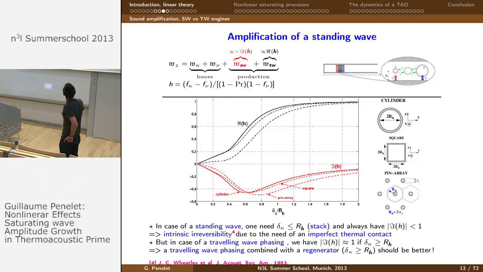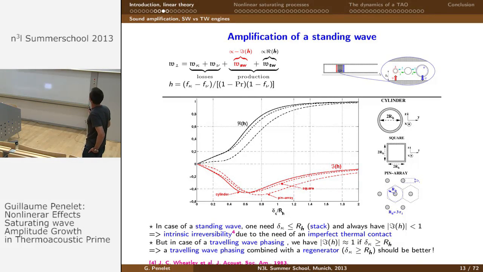This component is proportional to the imaginary part of this function, in which we retrieve the functions f kappa and f nu. So we can calculate this work production for different geometries of stack: for instance, a cylinder, a square channel, or even a more complicated geometry that we call a pin array stack.